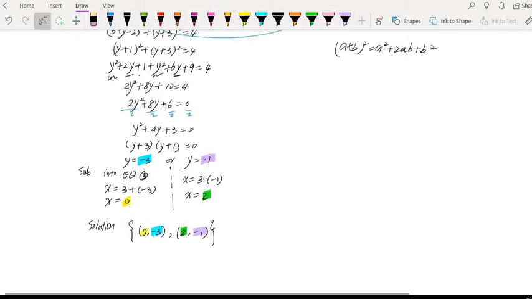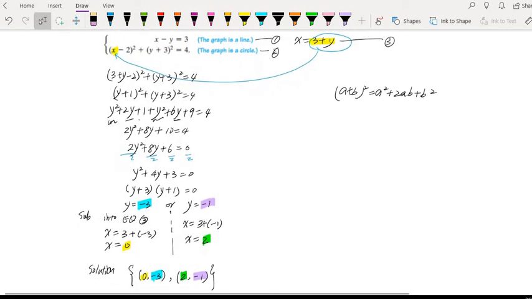Again, we are going to take a look at the graph really quick. x minus y equals 3 is just a linear equation, a straight line. The second one, if you look, is actually a circle. We learned this before, that the form is (x minus h) squared plus (y minus k) squared equals r squared.